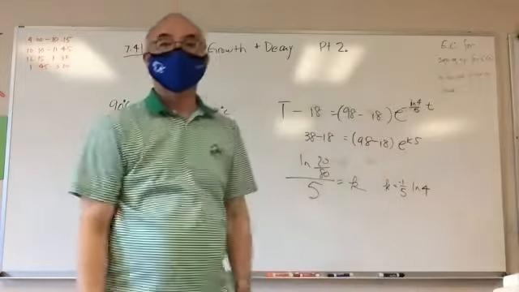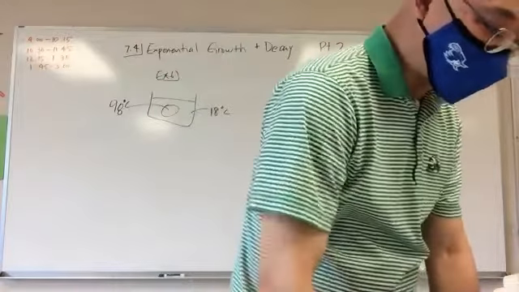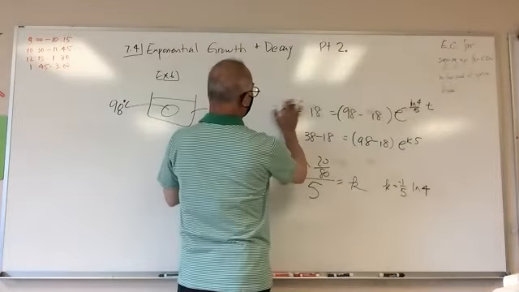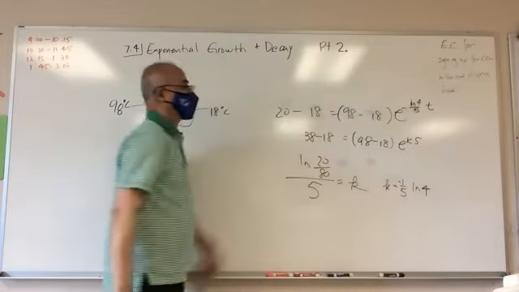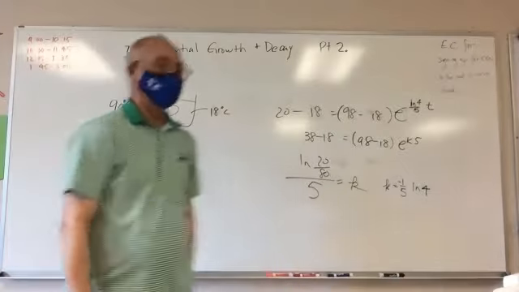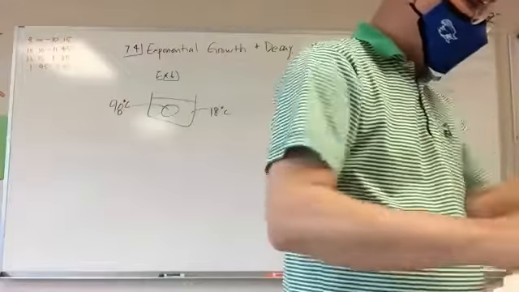The question is, how much longer will it take for the egg to reach 20 degrees Celsius? So we'll just go 20. I can solve for t, correct? All right, so that's how you do Newton's law of cooling.